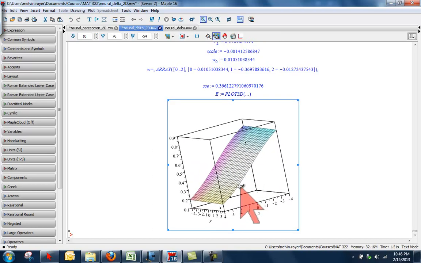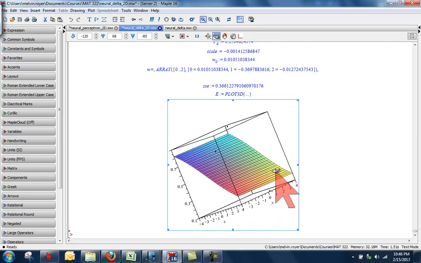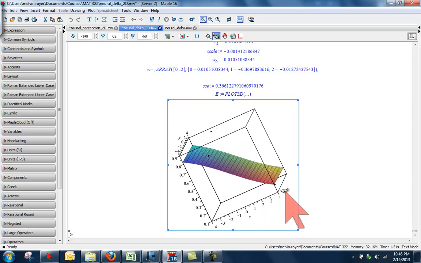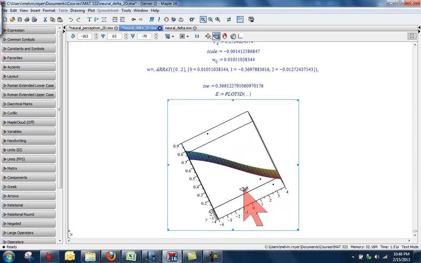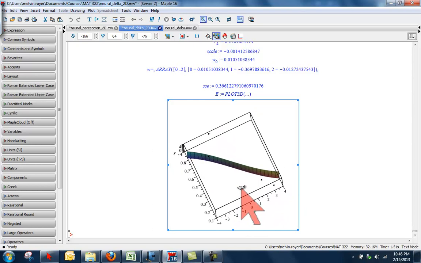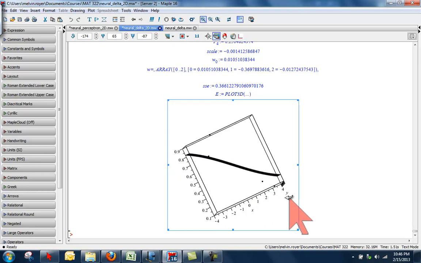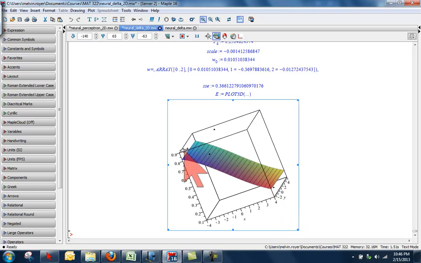But what you may notice is that before, the output surface was a plane, and it wasn't particularly close. This learning has now caused this thing to warp a little bit. It's not flat anymore, and in particular it's bent down so that this end is near the dots. I'm trying to get this thing rotated.